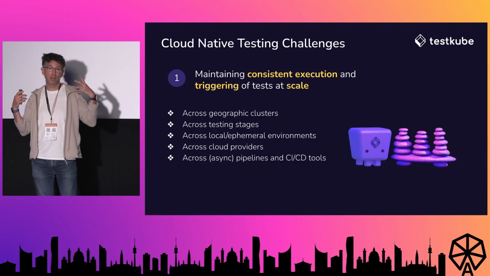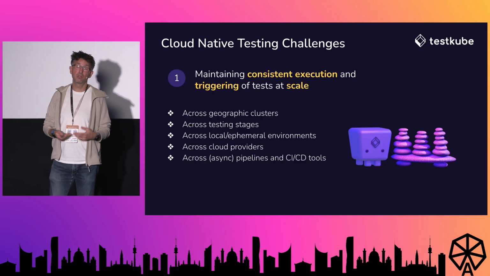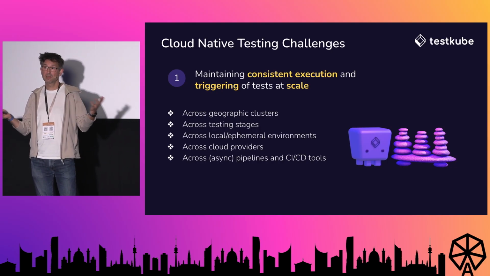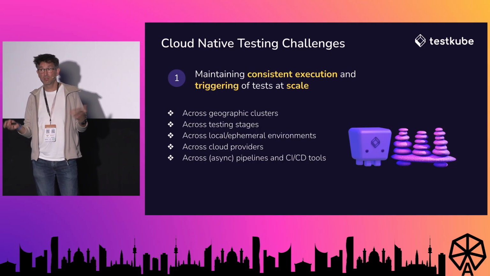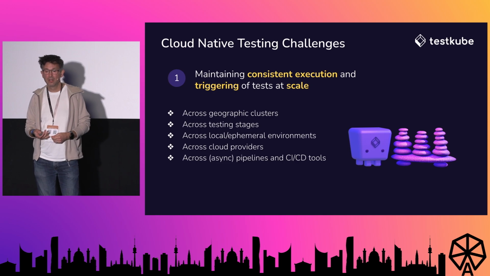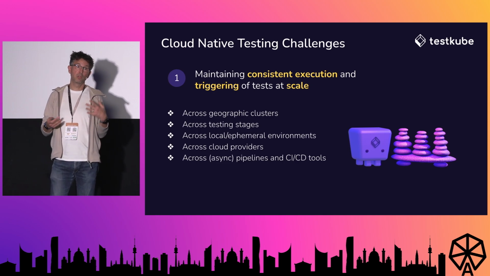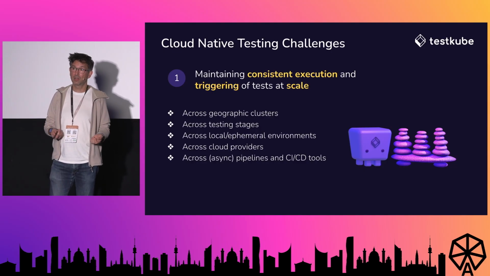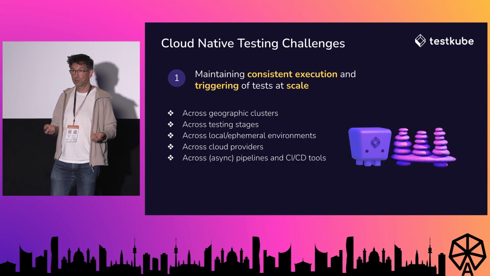Let's say you're deploying your applications in different environments. You want to make sure that you're getting consistency there. It could be across cloud providers if you're running the same applications and tests in different cloud providers. And once again, depending on if you're using multiple CI/CD tools or deploying in different ways, you want to make sure that you're getting consistent results there and that you can scale your tests accordingly.